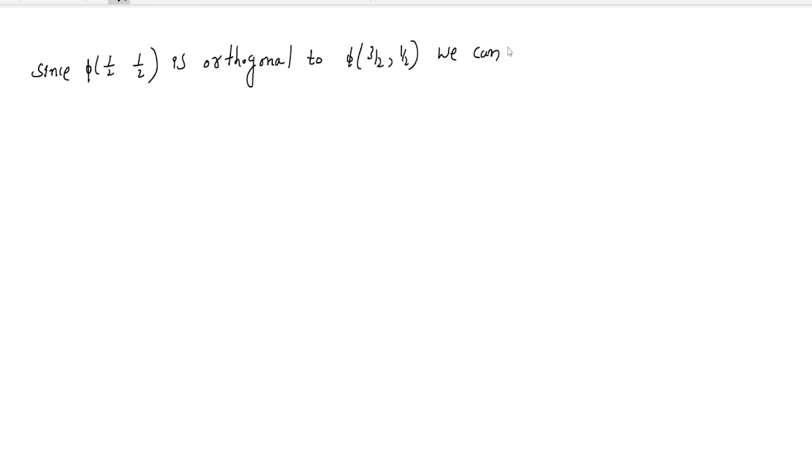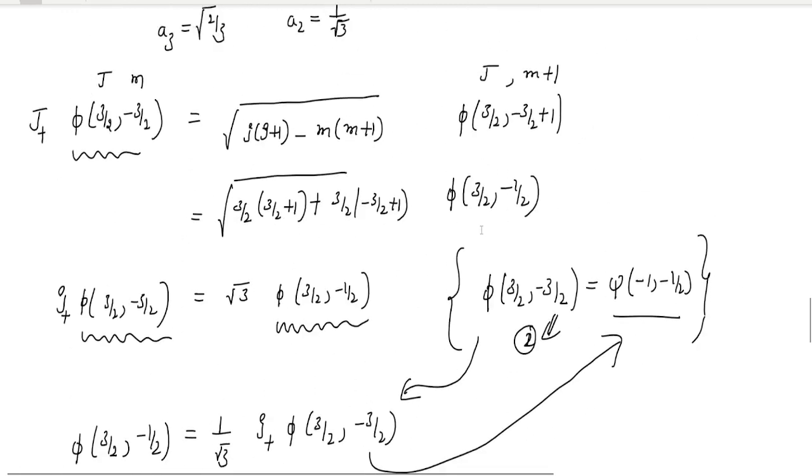So we can write these two equations. Okay, this one and this one: 1 divided by 2, 1 divided by 2, 3 divided by 2, 1 divided by 2.